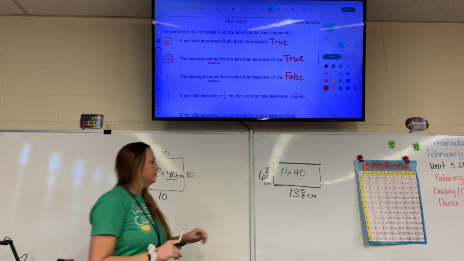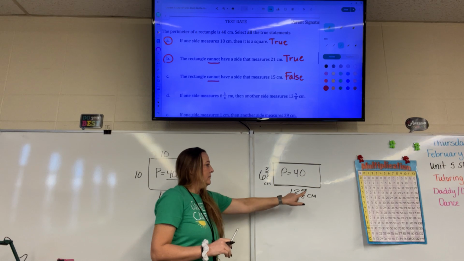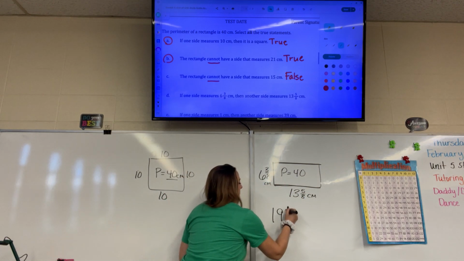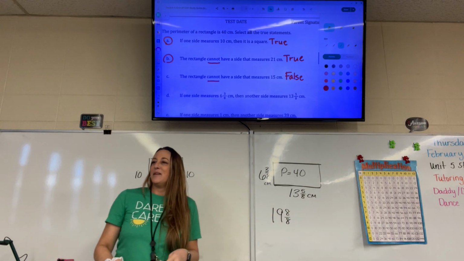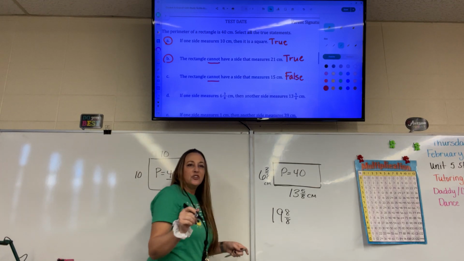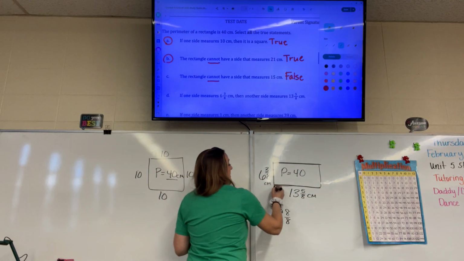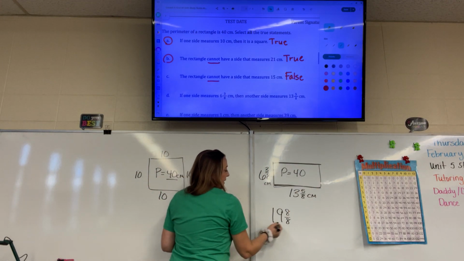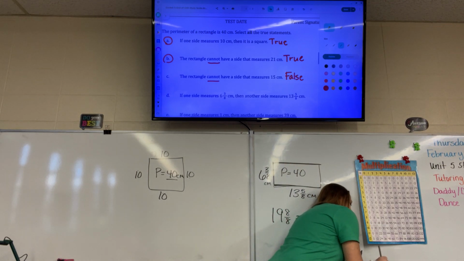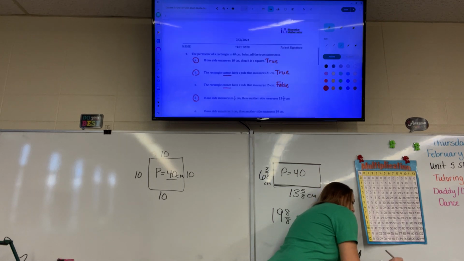Because 6 and 13 equals 19 wholes, and then 3 plus 5 equals 8. So that would be 19 8/8, which is equal to 20 wholes, which is half of 40. I couldn't have said it better myself. Nice job, Avis. Remember yesterday I told you guys you want to cut your rectangle in half if you're trying to find a missing side? Half of 40 would be 20, and this equals 20. So if one side is 6 3/8, the other would be 13 5/8. So letter D is true.